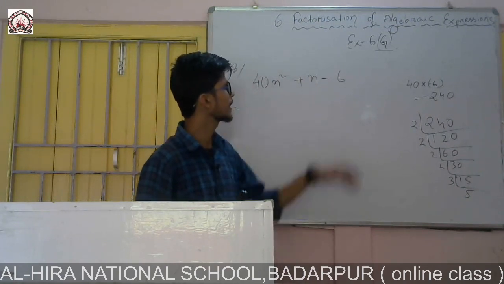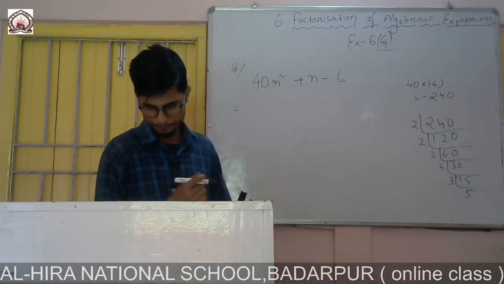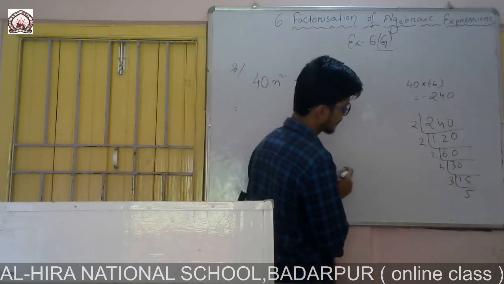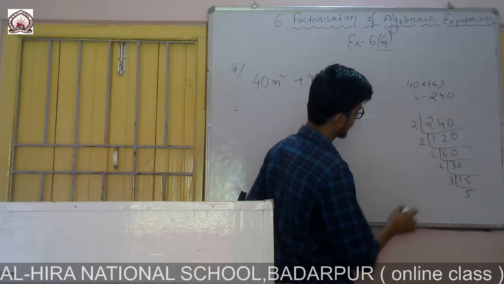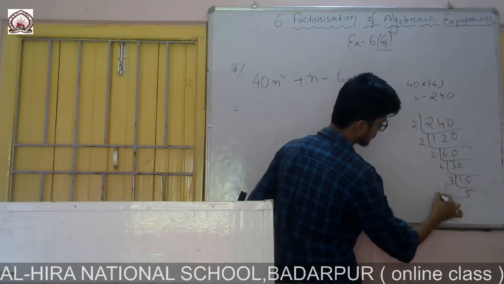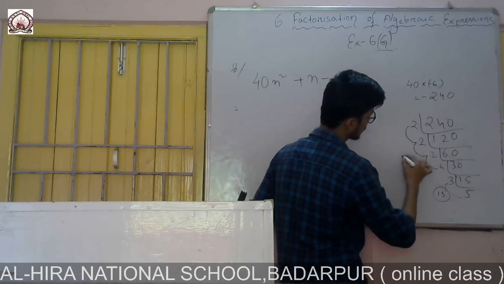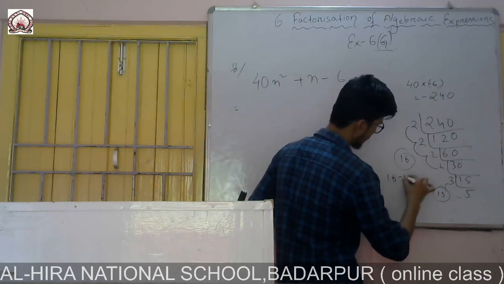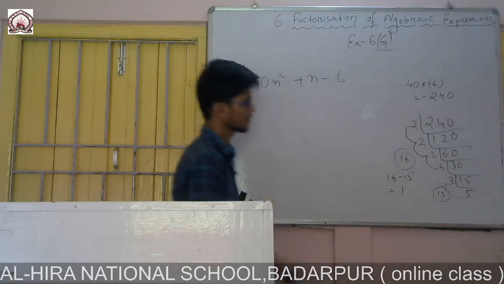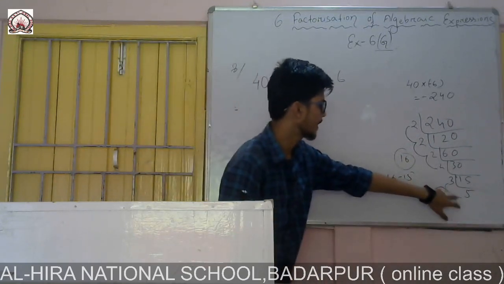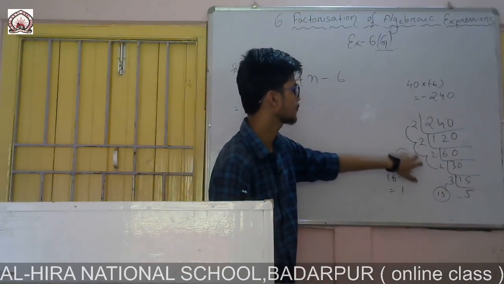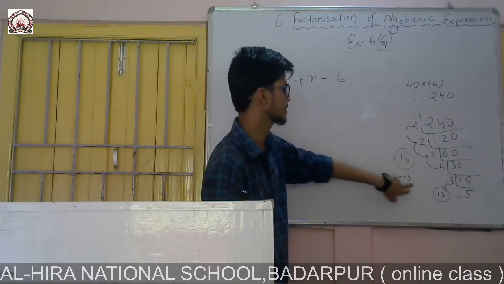The coefficient of n is 1. So you see how I will arrange. 5 3s are 15, and 2 2s are 4, 4 2s are 8, 8 2s are 16. 16 minus 15 is 1.